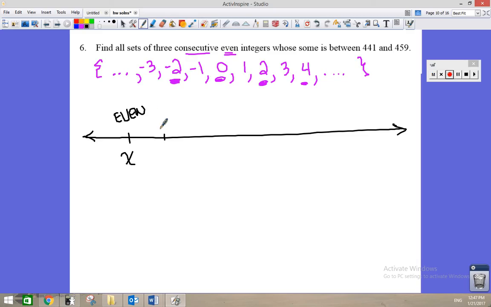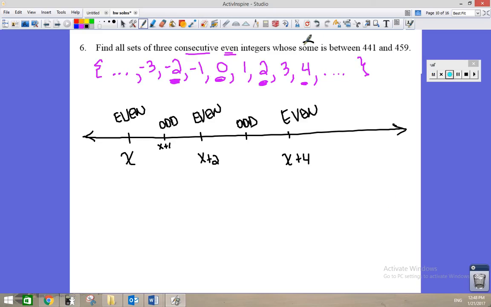If this is an even number, then the next consecutive integer is odd, but the next consecutive even number that follows this is x plus 2, because right here is x plus 1, and that's odd. Well, x plus 3 is odd, but x plus 4 is even. So we're letting x be the smallest of these even numbers.